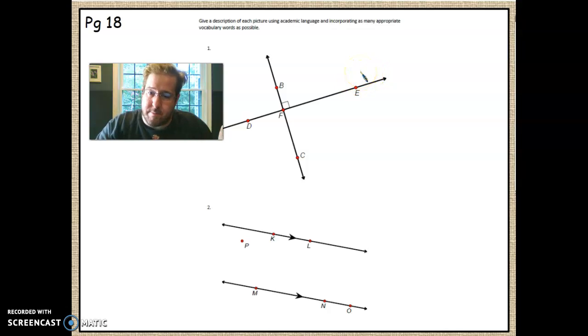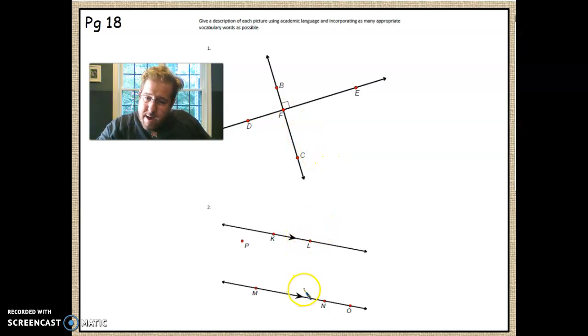Really that says everything right there. Sorry, I might have confused you. Basically all you really need to say is that DE is perpendicular to line BC, and that they intersect at point F, and that's everything.